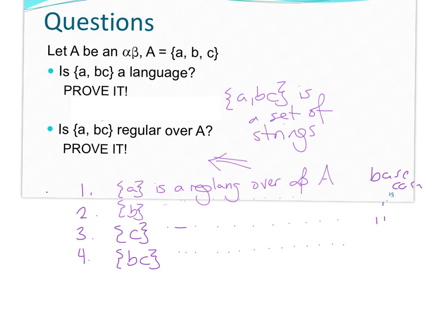Because we took line 2 and line 3 and we used the concatenation rule, right? And so finally, the set containing A and BC is a regular language over the alphabet because we combined line 1 and line 4 and we used the union rule.